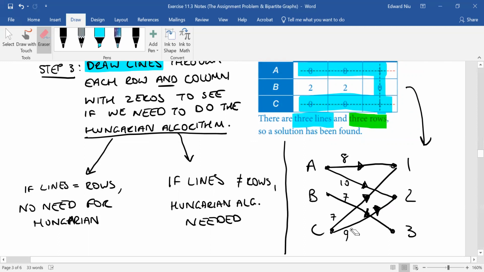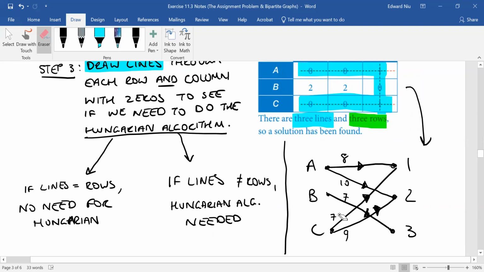What we want to do is take the absolute lowest. So since A and C share jobs 1 and 2, we want to take the absolute lowest. So C is the most efficient at job 1. And that would take A out of contention to do job 2.